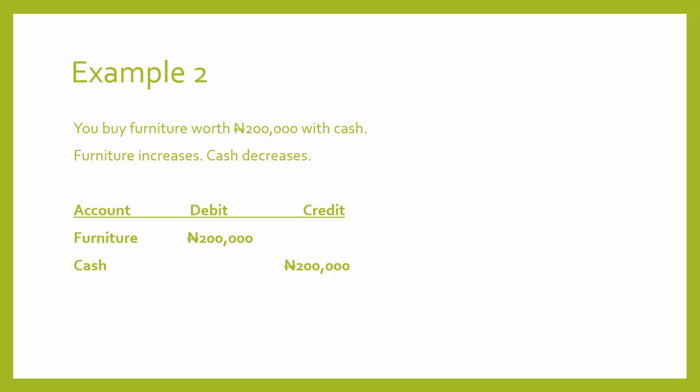Decreasing. So it will be on the credit side of cash, 200,000 naira. So you see, once you understand the transaction, you understand the entry, you just ask yourself which account is increasing and which one is reducing. Once you're able to answer that, you'll be able to journal every entry.